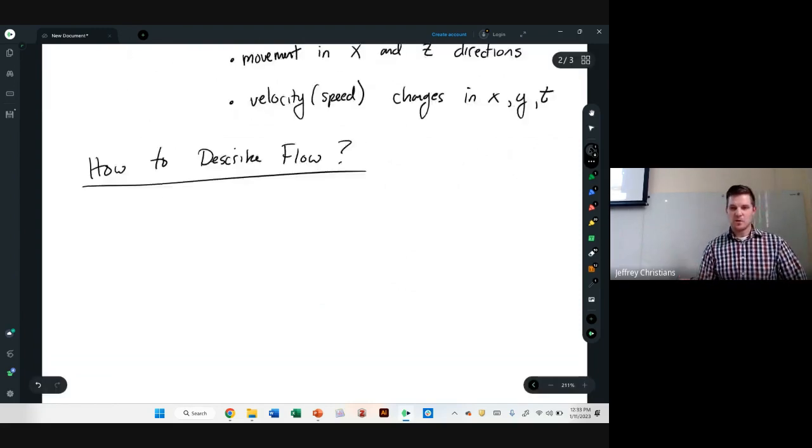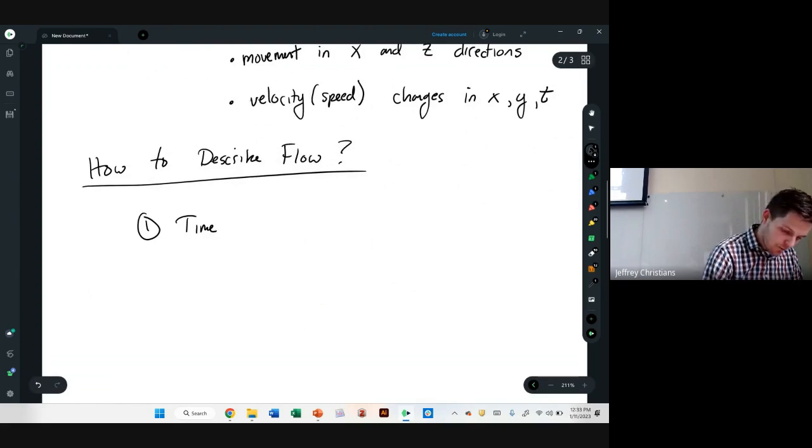The first tool that we're going to use is all one word, a timeline.